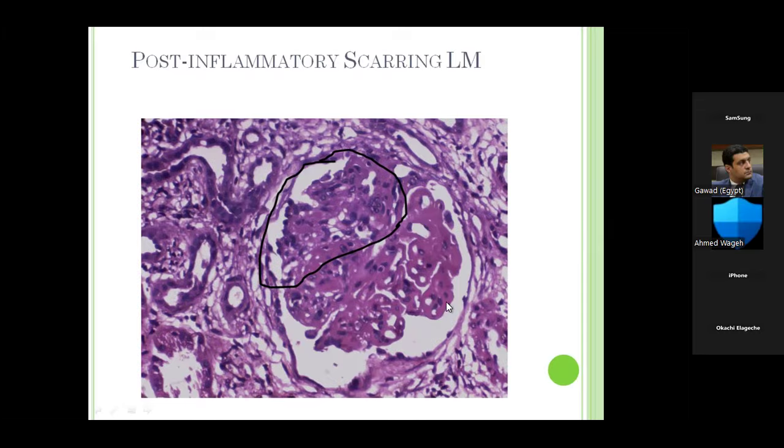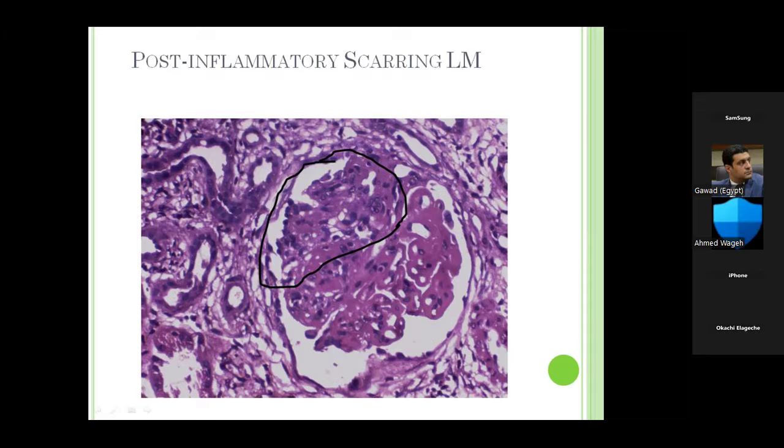Is it normal or a little bit or markedly thickened? Is it thickened or there are deposits? These capillaries are patent or occluded? This side shows adhesions or not?